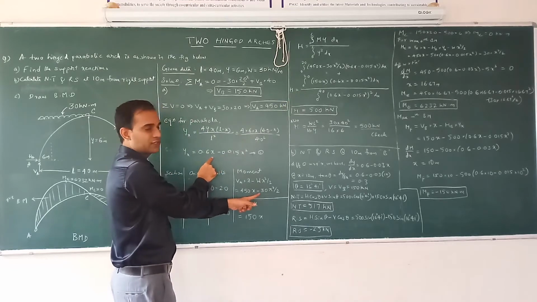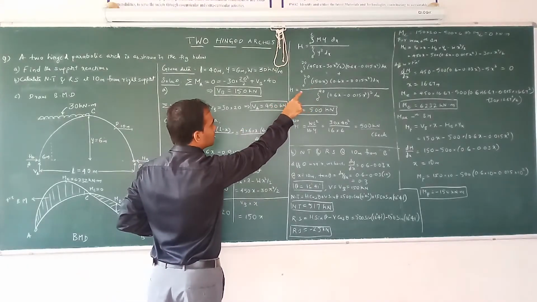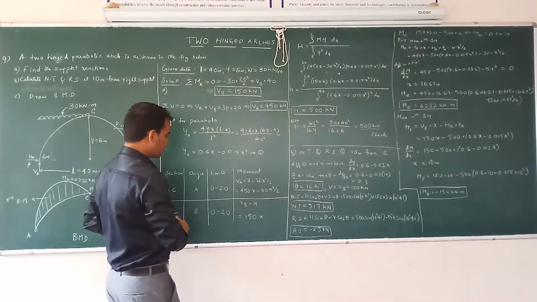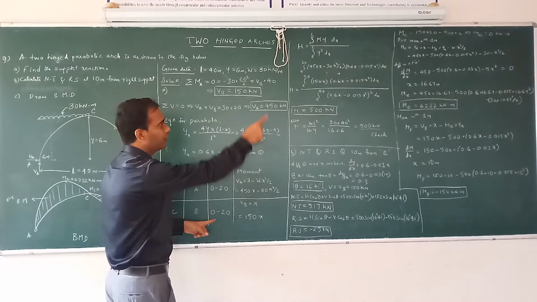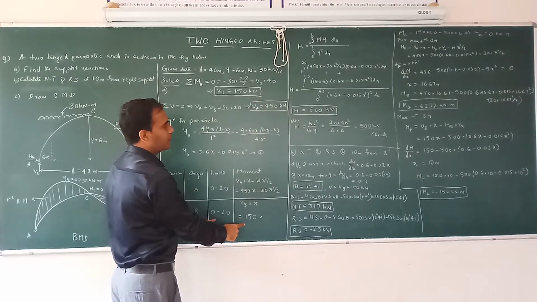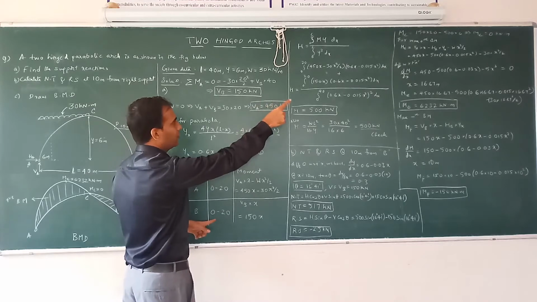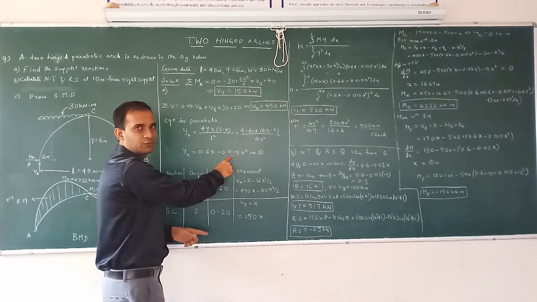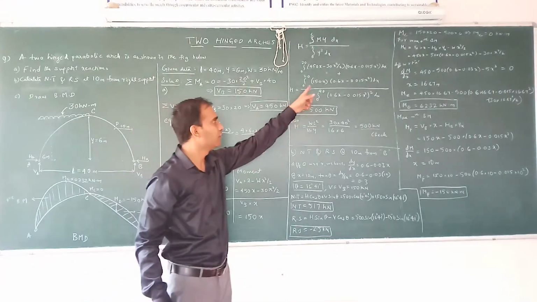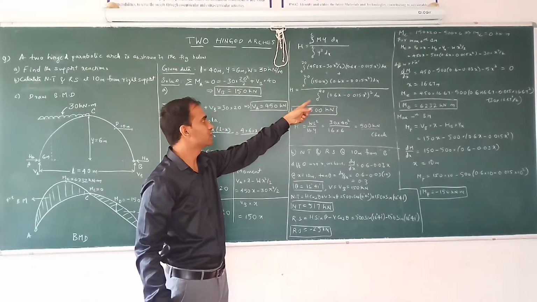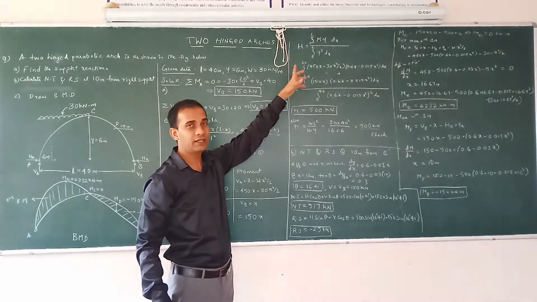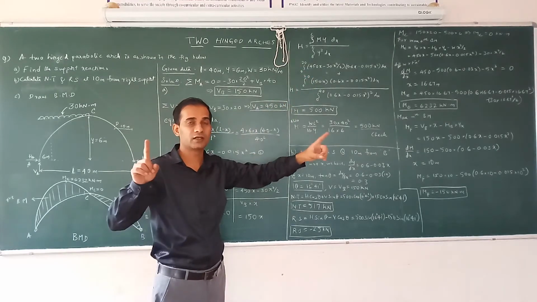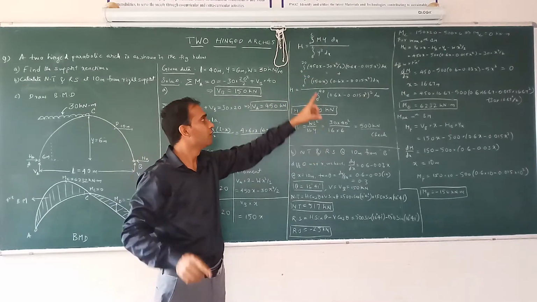Next section BC, limits 0 to 20, M is 150x, y of x is 0.6x minus 0.015x square, dx. Next, the denominator is integral 0 to L, 40 here because we are considering the whole span, 0 to 40 of y square dx.